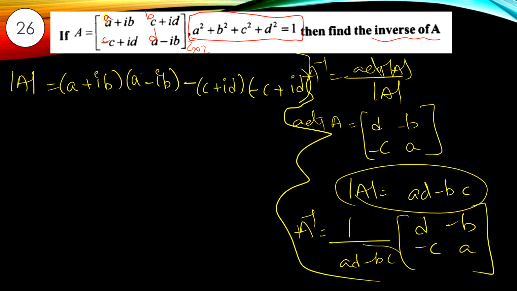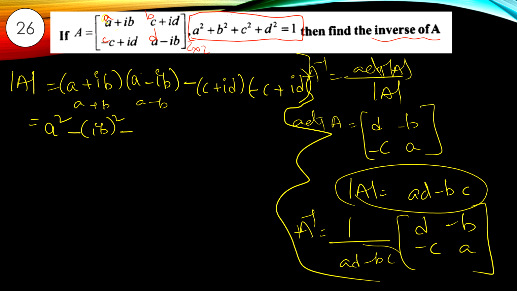From this we can say it is in the form of (a plus b) into (a minus b), which is a square minus b square. So a into a is a square, minus ib whole square. And minus, this is also in the form of (a plus b) into (a minus b).